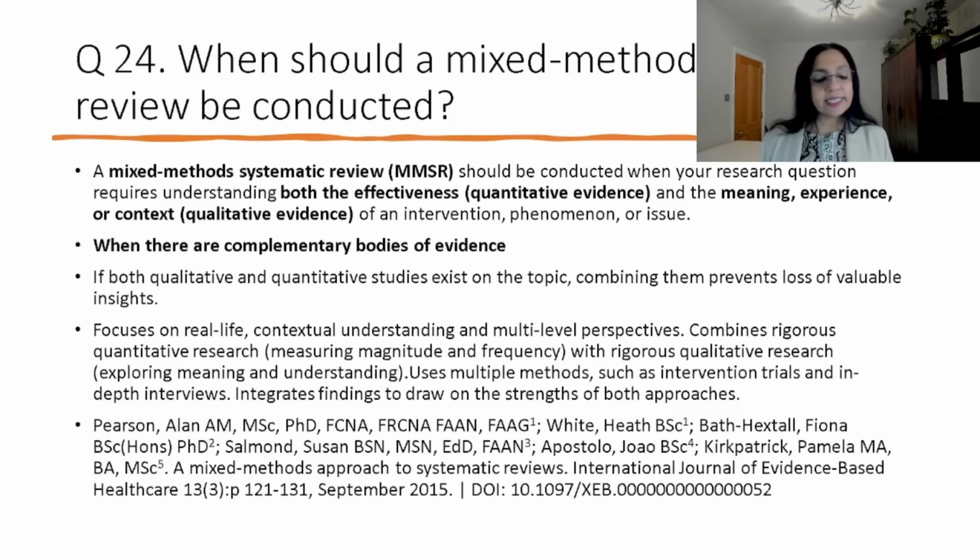It combines rigorous quantitative research, like measuring magnitude and frequency, with rigorous qualitative research exploring meaning and understanding. It uses multiple methods such as intervention trials and in-depth interviews, and it integrates findings to draw on the strengths of both approaches. There are several approaches to mixed method systematic review, and the latest classification comprises three approaches: assimilation, comparison, and connection.